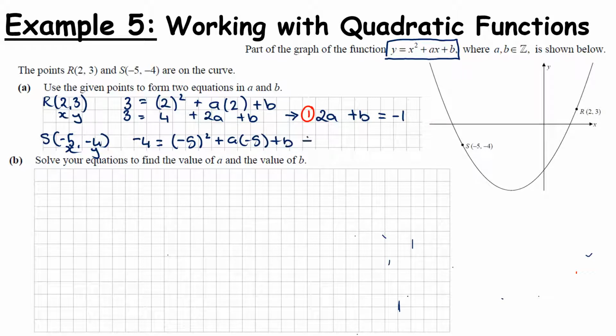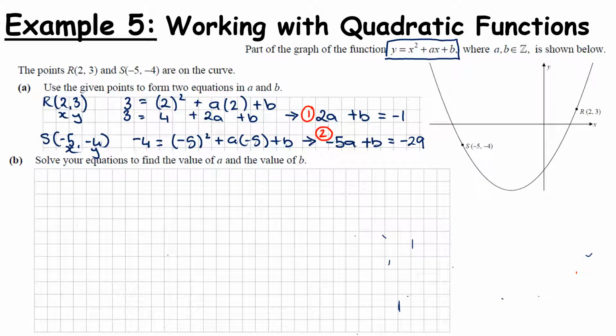Working that through, it cleans up to minus 5a plus b is equal to minus 29. Minus 5 squared gives us 25, and we subtract that from both sides. That gives us our second equation in a and b.